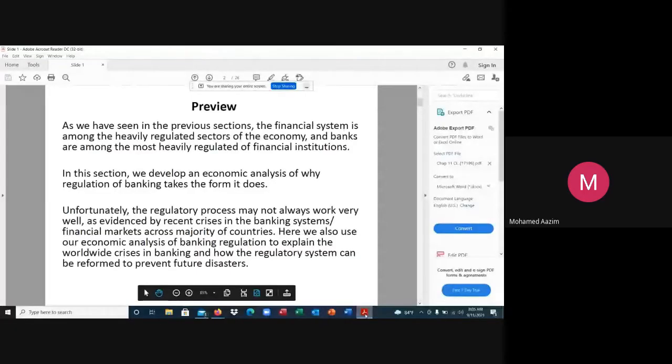So in this section also we use some economic considerations in terms of banking regulations to explain the worldwide banking crisis from one perspective, and how the regulatory system can be reformed in the future to meet, if not address, some of the challenges that the financial system faces.